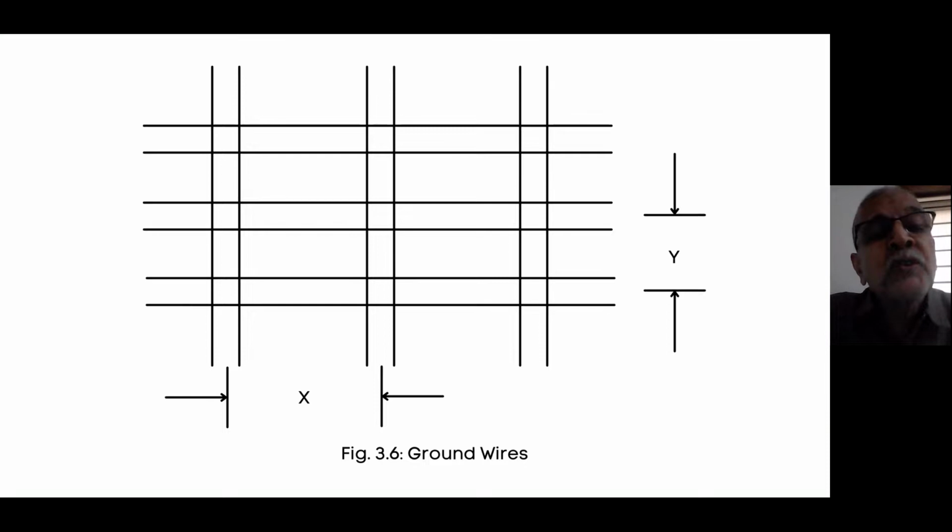Between two poles, one third distance from one pole and one third distance from another pole, there will be no counterpoise wires. But between the second pole and third pole, and the third pole and fourth pole, counterpoise wires will run.